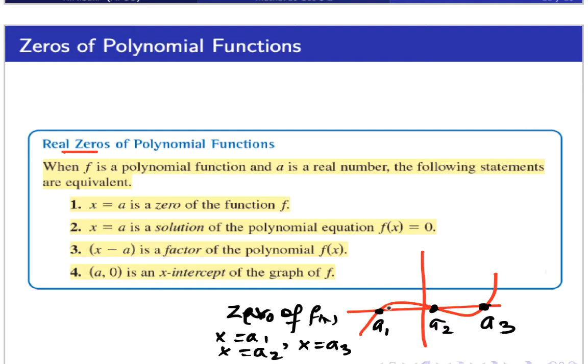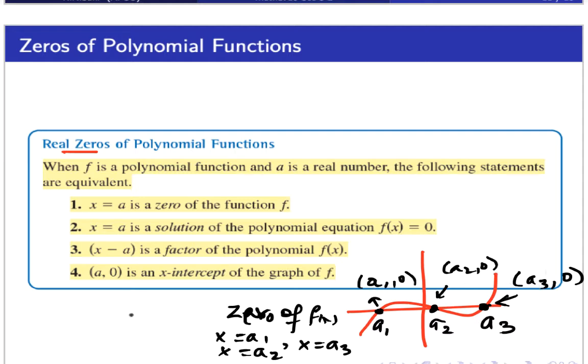Or we can look at them as points: this is the point (a1, 0), this is the point (a2, 0), and this is the point (a3, 0). So these are the three x-intercepts of the graph of this function f(x).